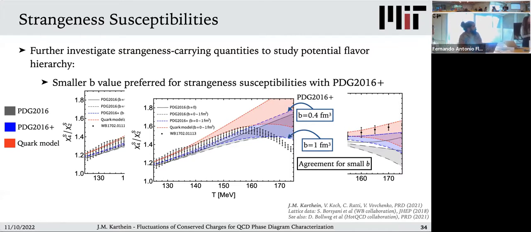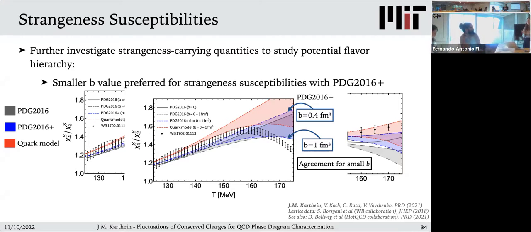Yeah, so there is work being done in collaboration with people at UIUC in Illinois, and they're coming up with the updated version, which is going to be PDG 2021 plus. That list is taking into account all these new states that have been found, and also updating any branching ratios that had to be modeled here because we didn't know them at the time. From a thermodynamic standpoint, we're not seeing any difference between 2016 and 2020 plus.